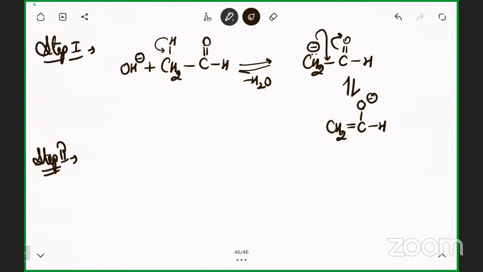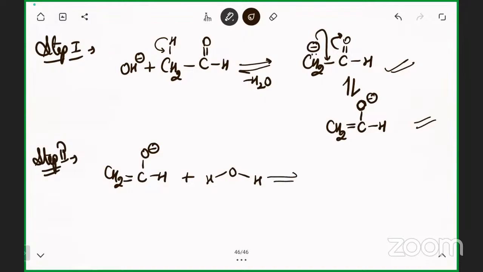Oxygen is more electronegative, so if the negative charge is on oxygen, it will be more stable. In the earlier condition the stability is less, while in this condition the stability is more. Now CH2 double bond C, O negative and H will react again with the water molecule which was eliminated.